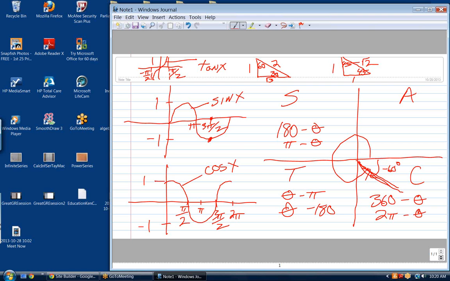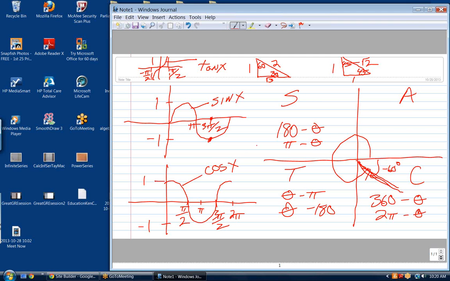So what is the tangent of pi over 2? Looking at this chart, knowing these are vertical asymptotes, it's infinity. The tangent of pi over 2 is infinity.